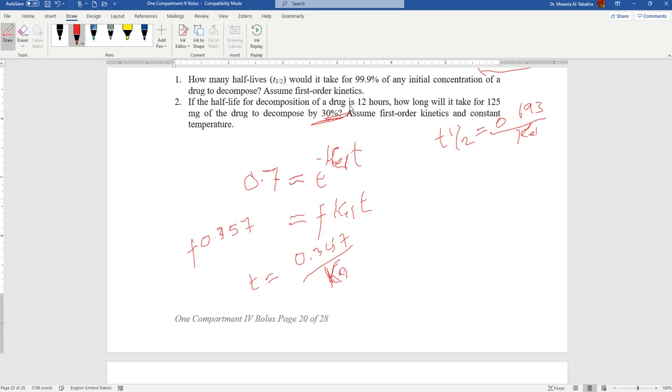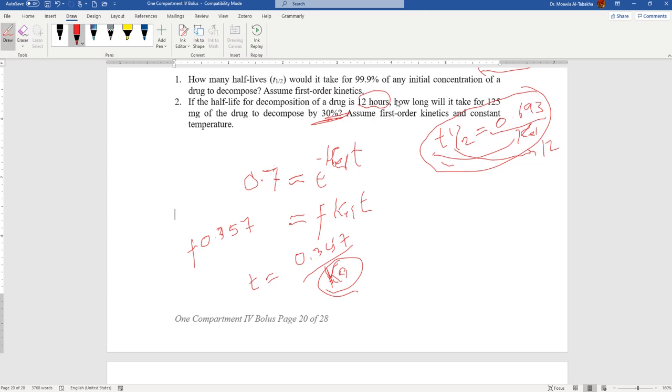Now you have two choices. عندكم two choices. First, you can calculate KL from this half-life, لأنه إحنا بنعرف إنه الهاف لايف is equal to 0.693 على KL، فبالتالي I can get KL. بحط KL هون وهنا half-life اللي هي ال 12 and then I do the calculation. The other way is just I divide this number by this number.